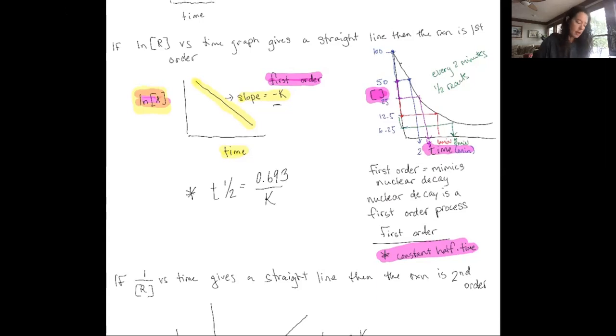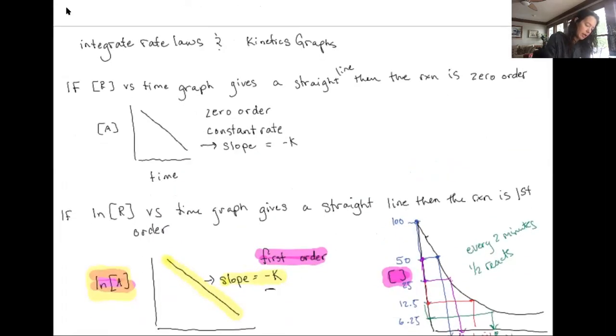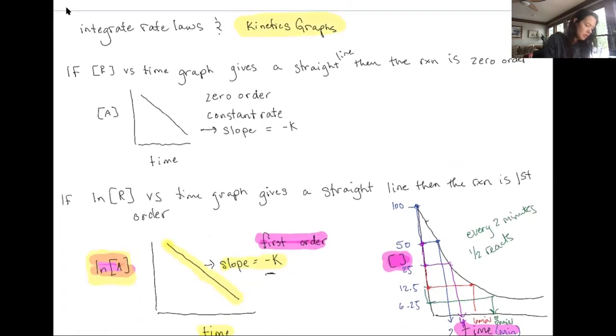Okay. Now, that is what I mean by kinetics graphs, right? So please, write the notes down and figure out what doesn't make sense or ask me to elaborate, to clarify, okay?